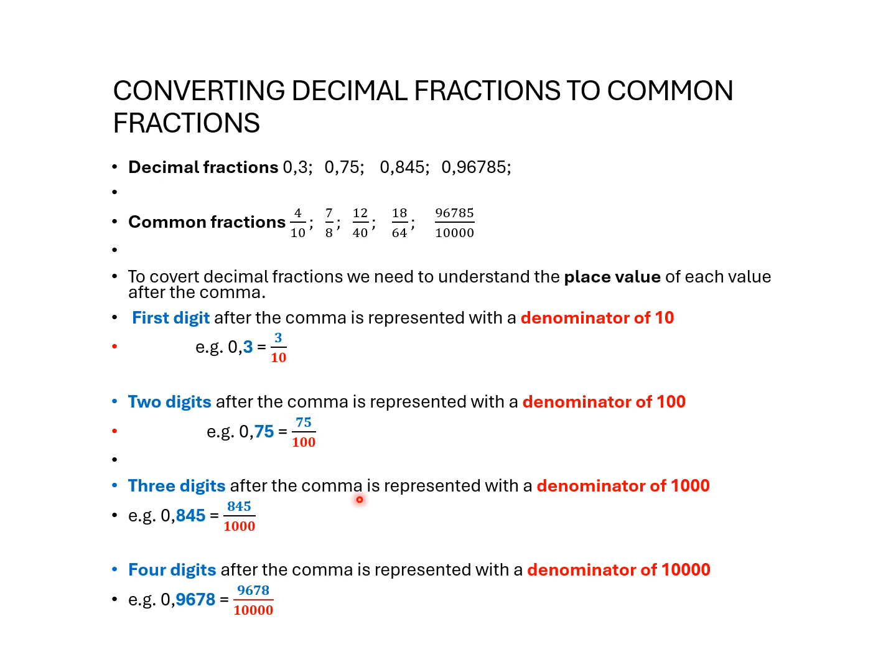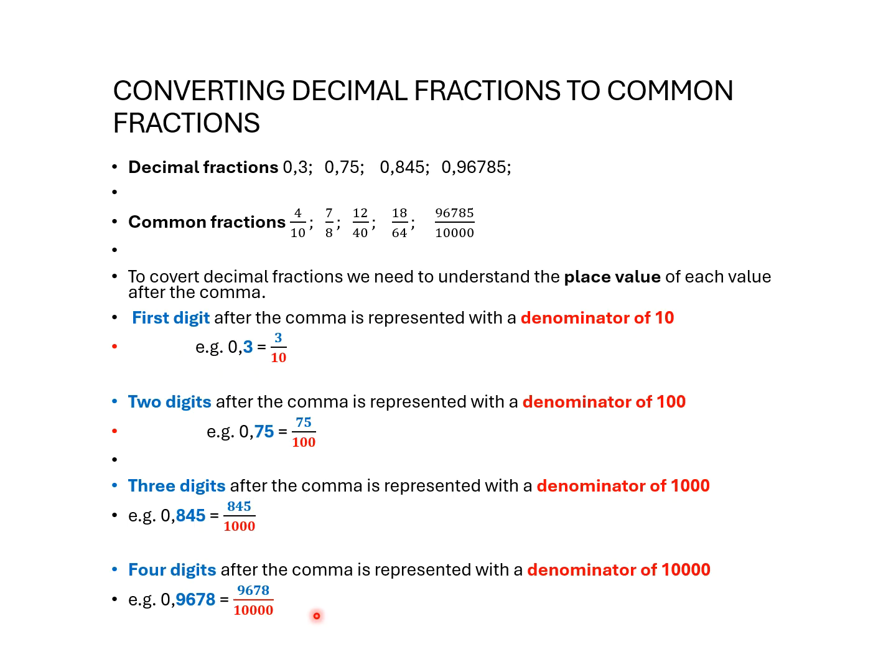If I look at three digits after the comma, the denominator is 1000, so that's 845 over 1000. Three digits, three zeros with 1. Four digits after the comma means a denominator of 10,000, meaning four zeros and the value 1, and 9678 over 10,000. So those are basics you should have learned in grade 8 and 9.